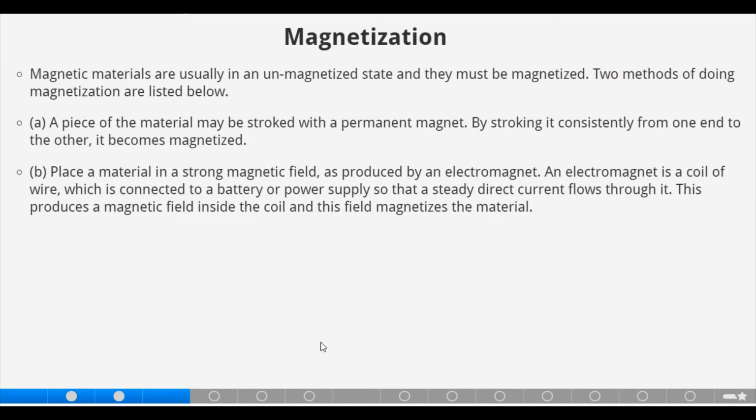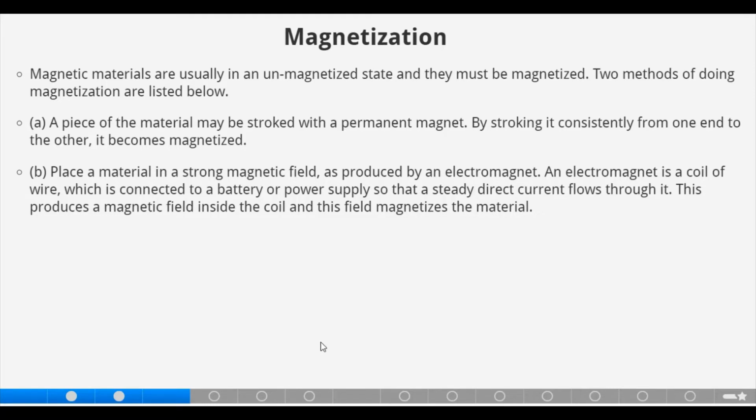Now, magnetization. Magnetic materials are usually in an unmagnetized state and they must be magnetized. Two methods of doing magnetization are listed below. A. A piece of the material may be stroked with a permanent magnet. By stroking it consistently from one end to the other, it becomes magnetized.